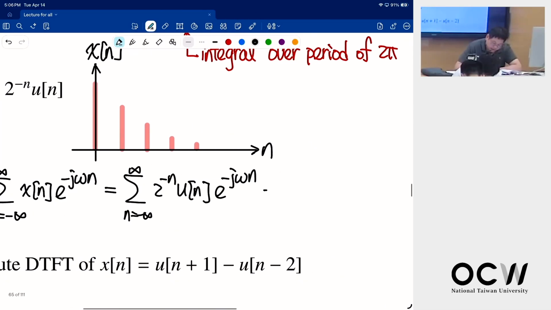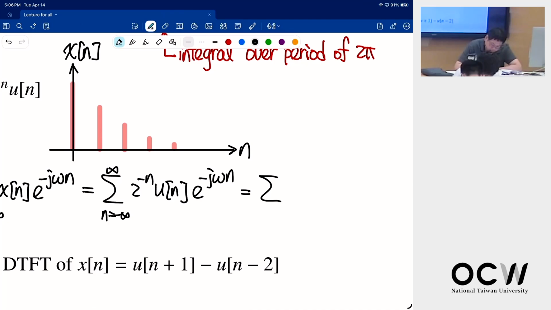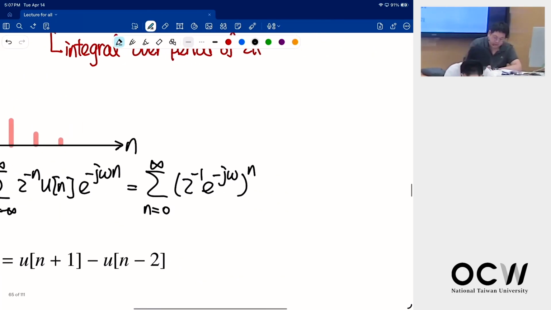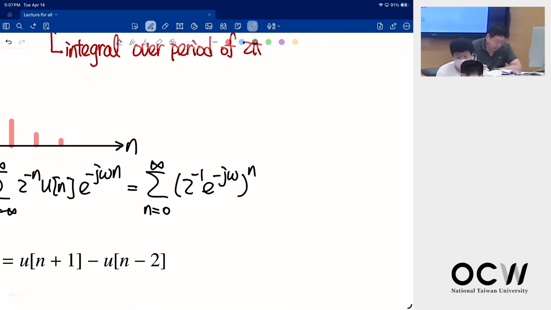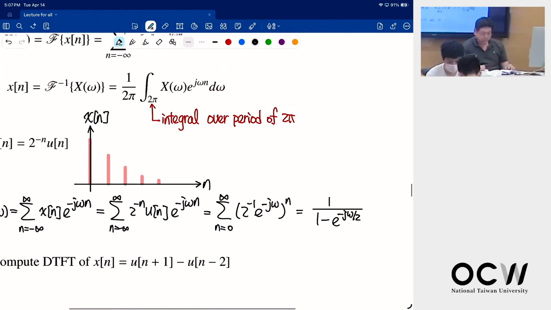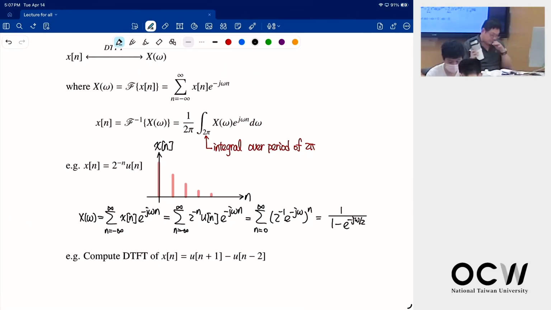So when n is greater than or equal to 0, I have a value 1. So I have 2 to the minus 1 e to the minus j omega to the n. This is your ratio. So this is 1 divided by 1 minus e to the minus j omega over 2. Now just pay attention to the result.